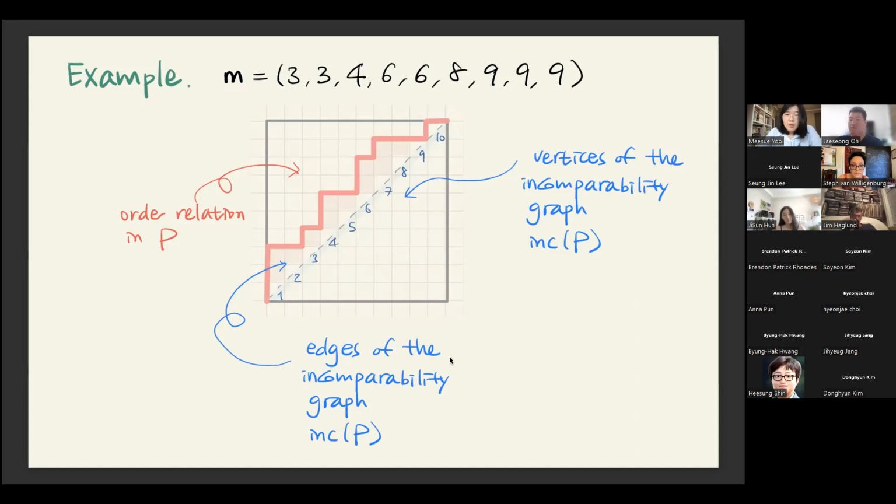And then between two vertices, there is an edge if these two elements are not comparable in the poset P. So in terms of this graph, the edge information is encoded in the cells between the Dyck path and the main diagonal. So the cells here mean there are edges in the incomparability graph, and the cells above the Dyck path mean there is a comparable relation in the poset.